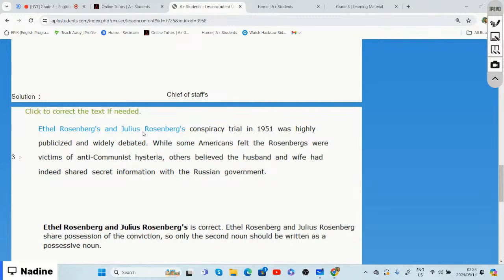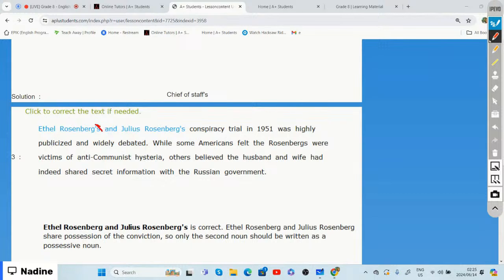All right. And if we look at this one, then it means that we can only add one apostrophe, and that is to the second word. We don't have to add it to the first word.